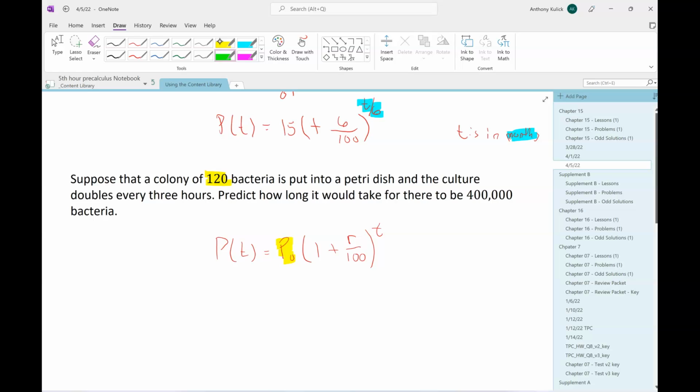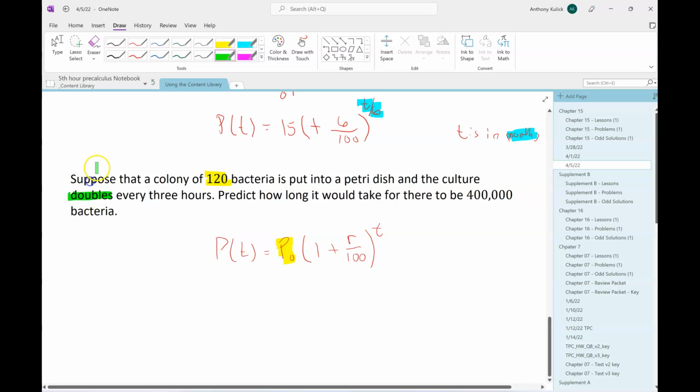It doesn't give us a percentage explicitly, right? But there's a word in here that's telling us how the change is occurring. What word do you guys see in here? Doubles. So this is somehow going to be giving us our R. What does doubling mean in terms of a percentage?